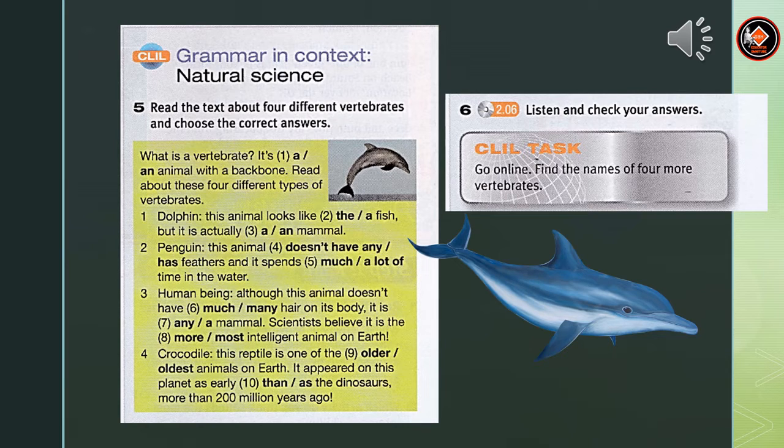Scientists believe it is the most intelligent animal on Earth. 4. Crocodile. This reptile is one of the oldest animals on Earth. It appeared on this planet as early as the dinosaurs, more than 200 million years ago.